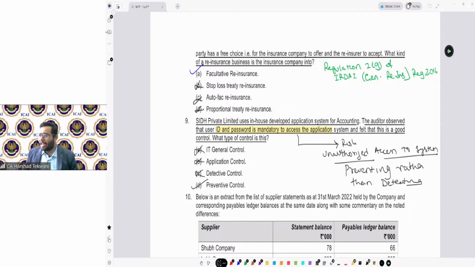Any doubt, guys? There are two decisions on the basis of which you can understand the term gross negligence from the point of view of misconduct, which are also listed in the study material.